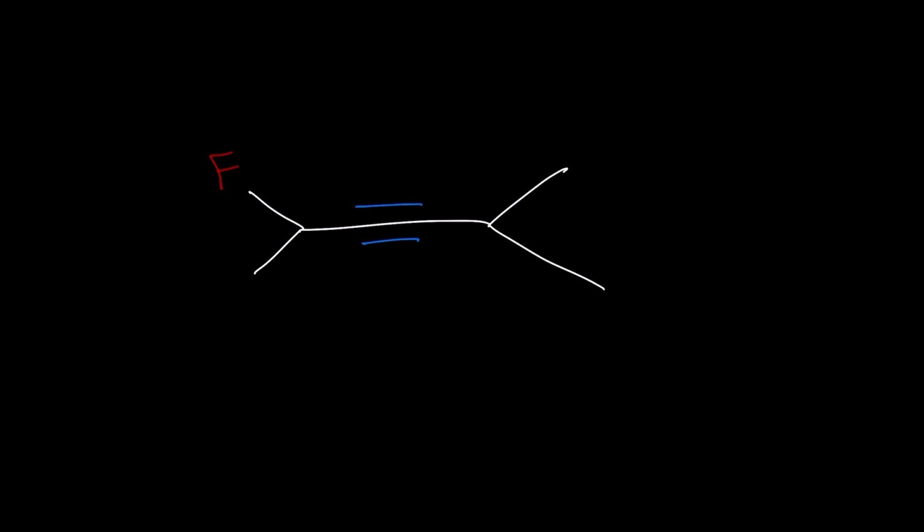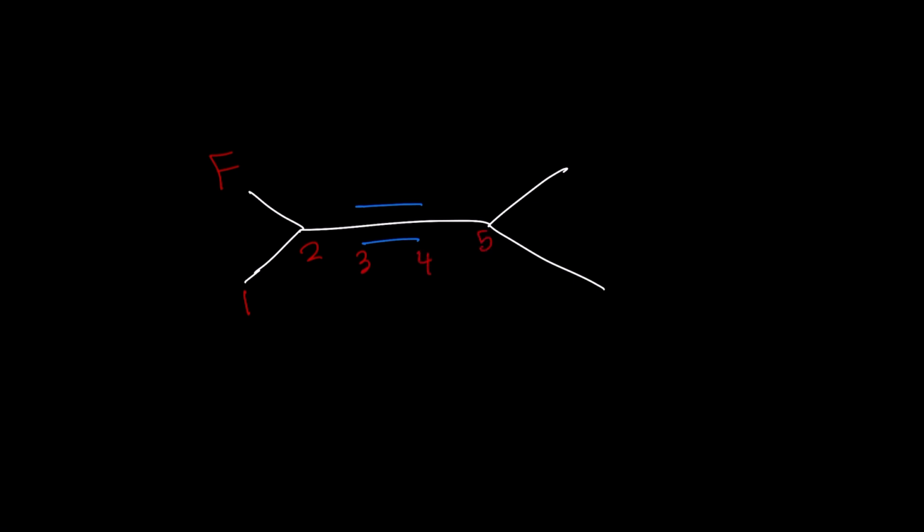How would we name this compound? First, you have to find the longest chain of carbons. You can count this way, or this way, or you can count this way. Either way, the triple bond is going to be on the same number of carbons. However, this fluorine would be on the lowest number if we start counting left to right.